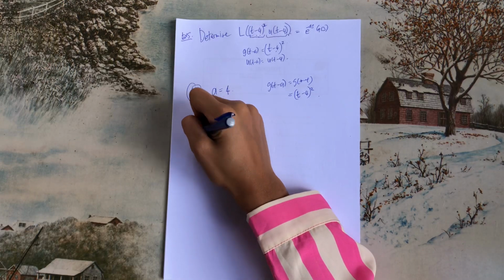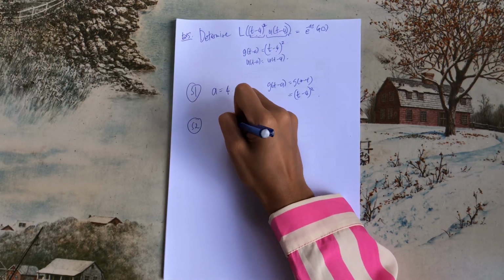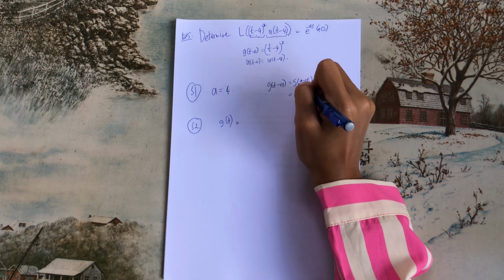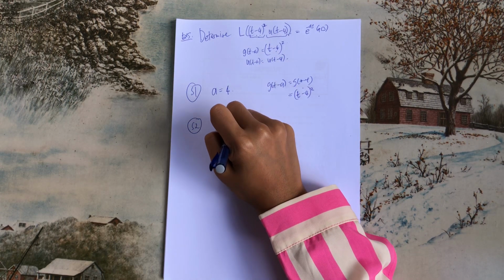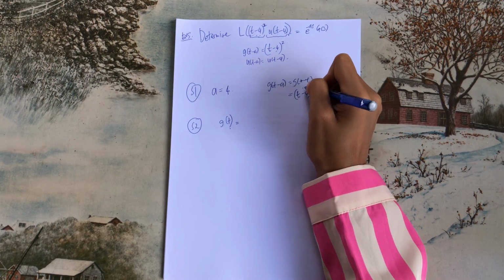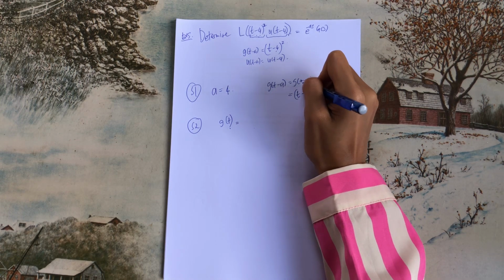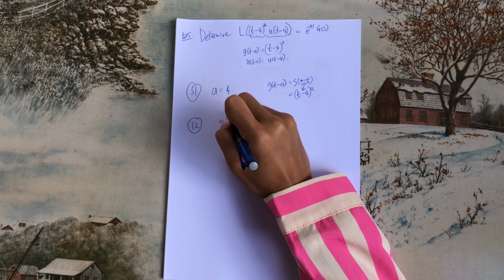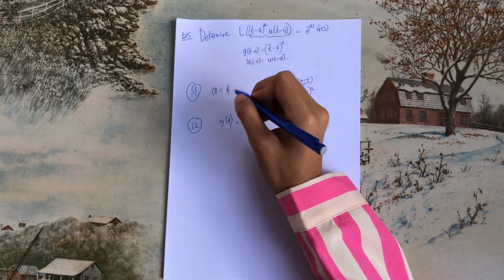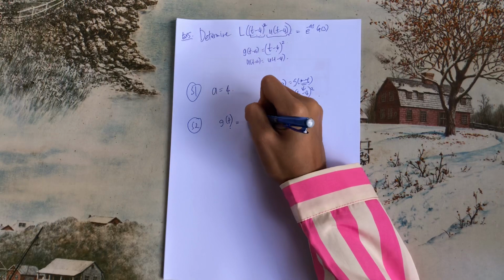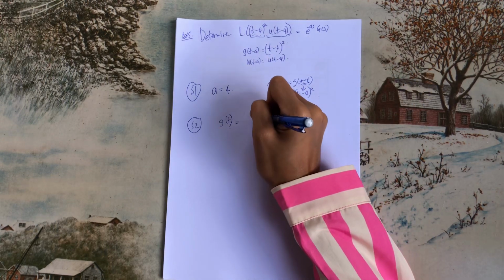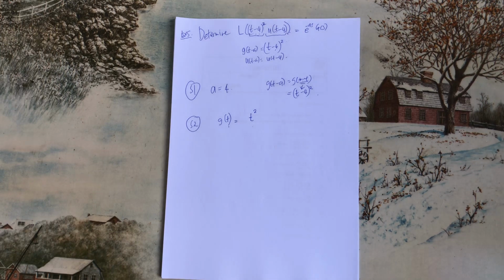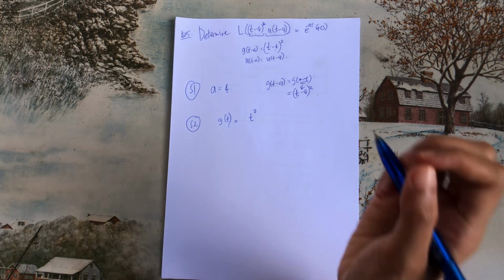Step number 2, you need to know what your g(t) is. This is g(t minus 4), or g(t minus a), and now you want to find g(t). If you want to have just t, you just replace it, so instead of (t minus 4) squared, it becomes just t squared.